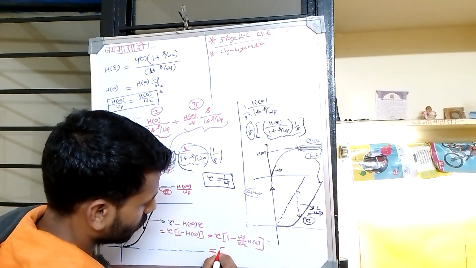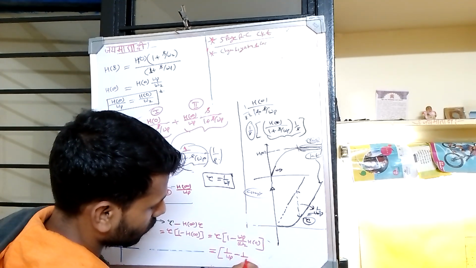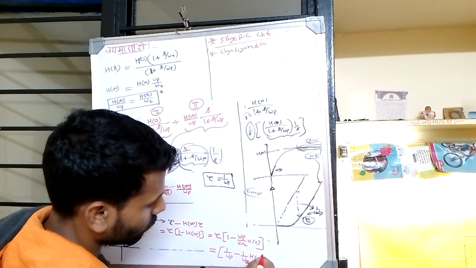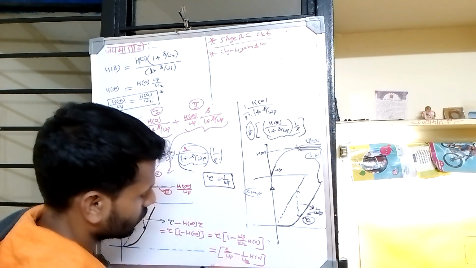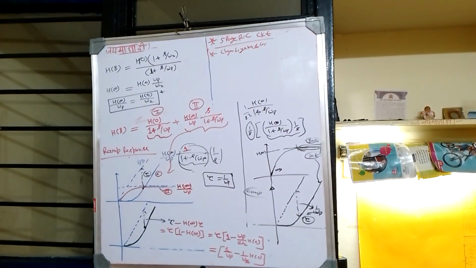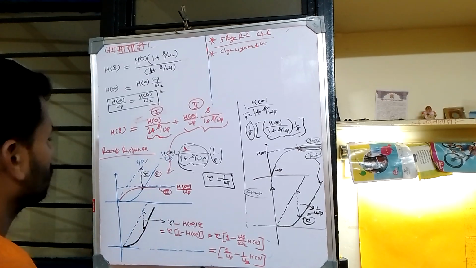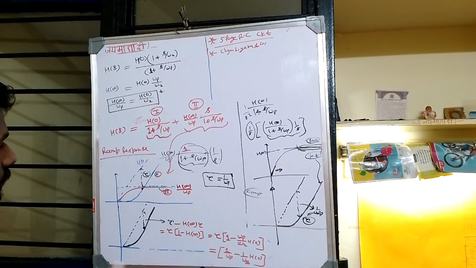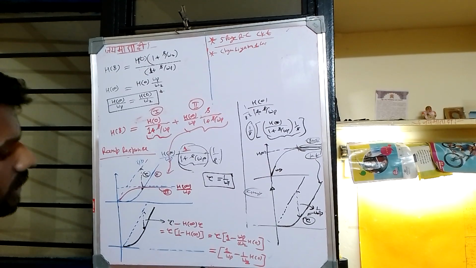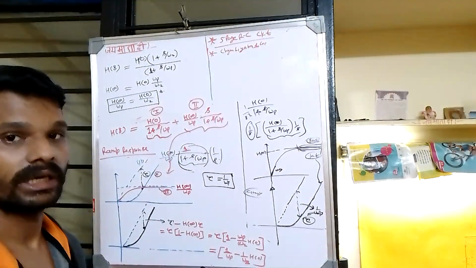So if you write omega p, then it will become 1 upon omega p minus 1 by omega z, h of 0. Okay, so this will be my final plot for the whole circuit. If anything is wrong in this calculation, then please correct me. Okay, thank you.